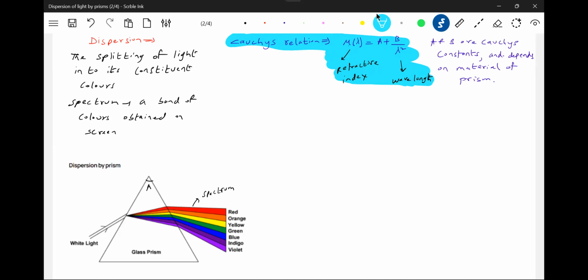Now we know the VIBGYOR spectrum: violet, indigo, blue, green, yellow, orange, red. The wavelength of violet will be less than that of indigo, and that of the blue.